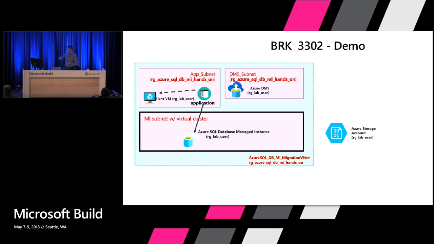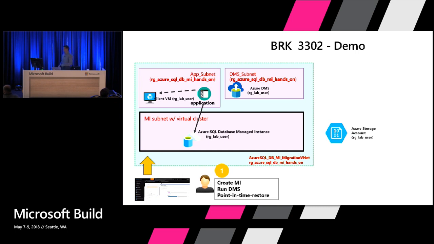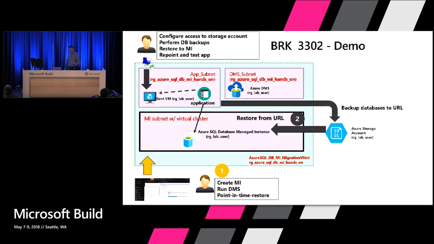And there is also DMS deployed in this. As part of this demo, what I'm now doing is creating the MI from the portal. Then I'll also do a few other things. I'll show you how you can take your simple application, migrate your databases through the backup restore path, and run your application in the cloud.